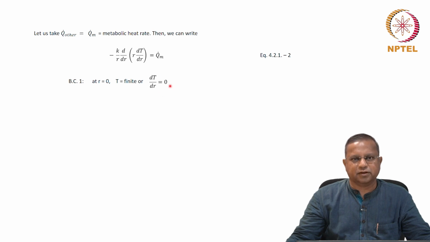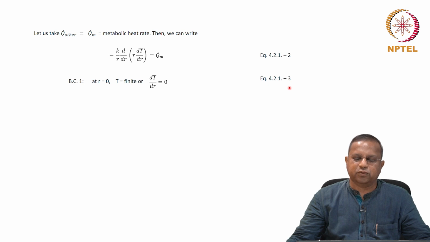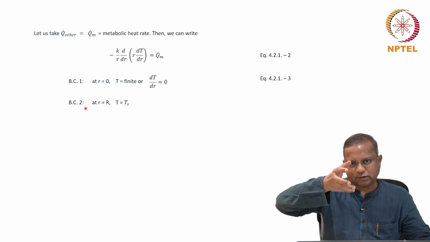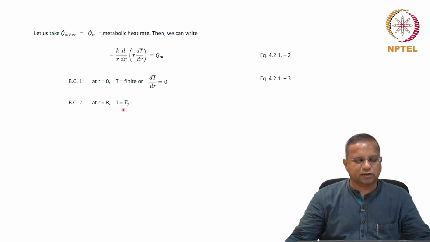Same boundary condition that was first introduced in the mass flux chapter and then also extensively used in the momentum flux chapter. We are going to use that here too. Equation 4.2.1-3. The boundary condition 2 is quite straightforward. At the surface, at r equals R, the temperature equals the surface temperature Ts.